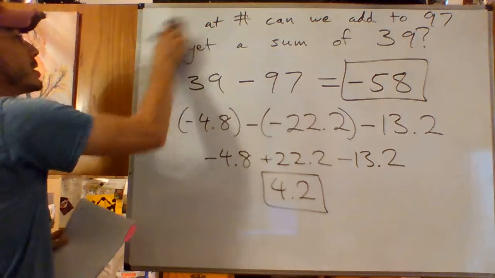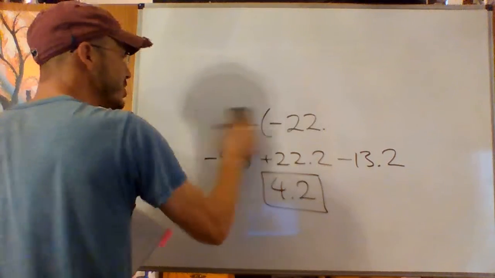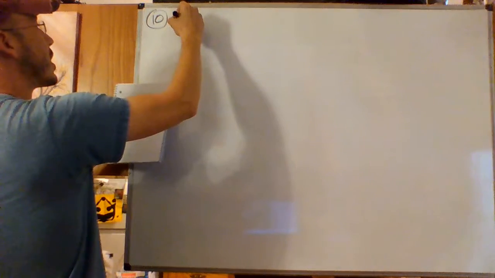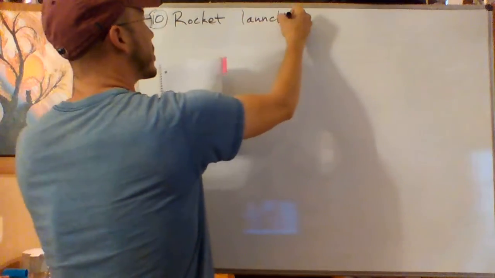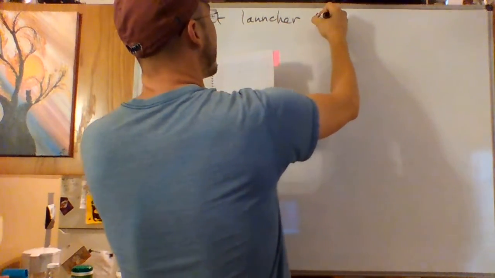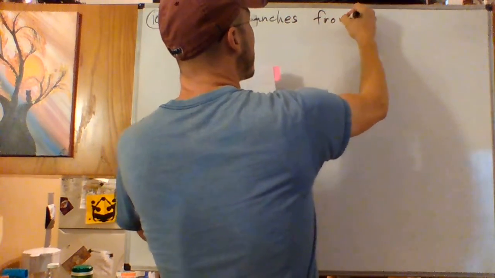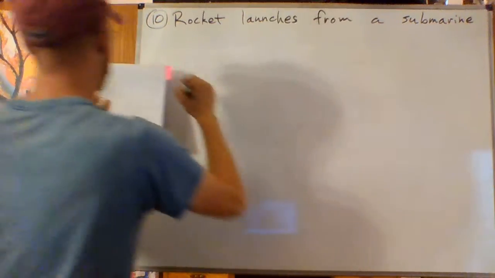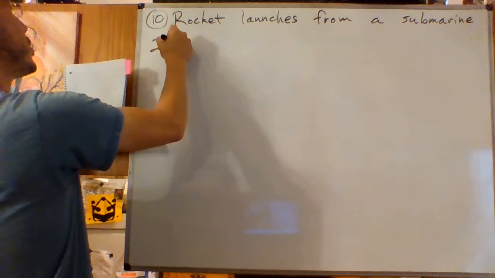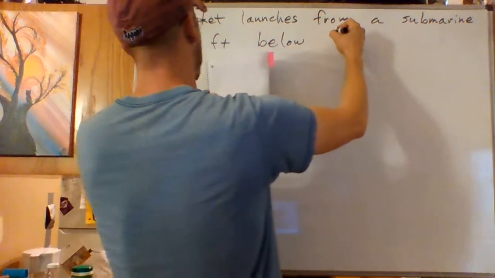The next one is an addition, subtraction sort of thing with another word problem. It says a rocket launches from a submarine 240 feet below sea level.